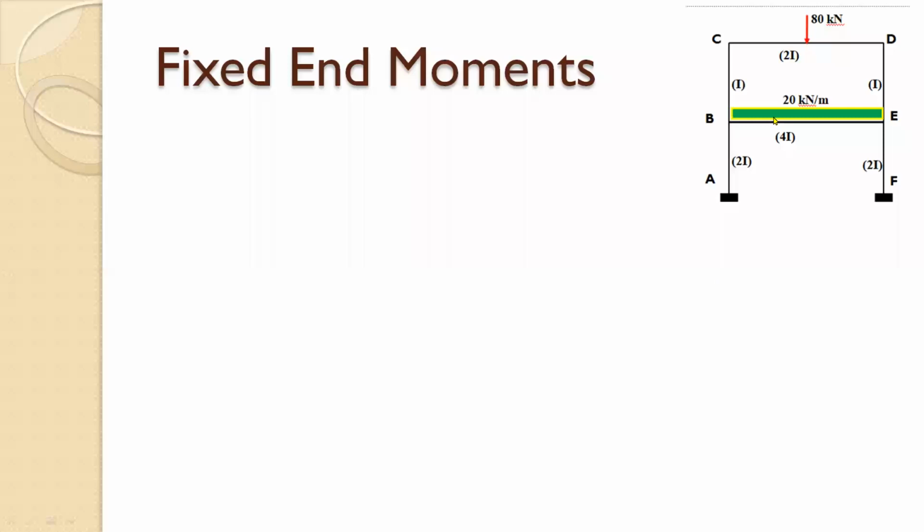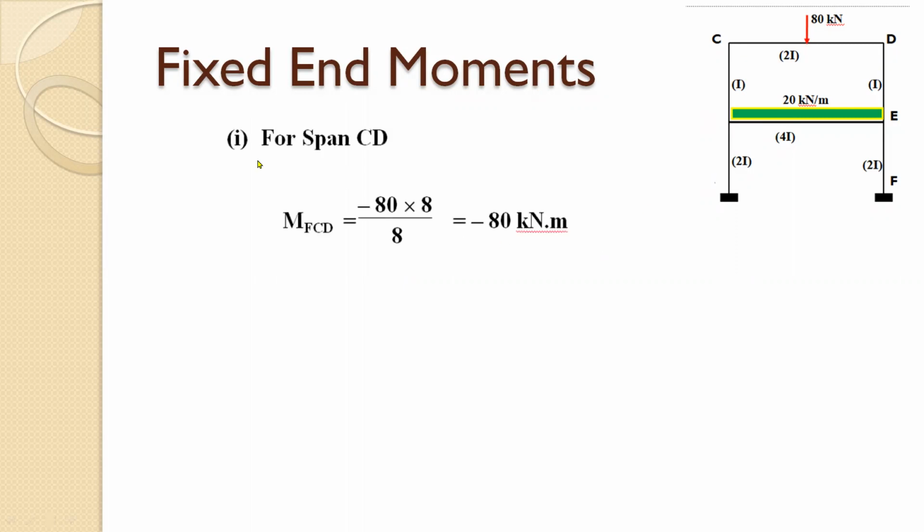So this is the given frame. As you know, the moment distribution method is a displacement method, and in all displacement methods, the first step is always to calculate the fixed end moment. So first of all, let us calculate for span CD. It is a central point load, so you know that it is WL by 8. W is 80, total span is 8 meter, divided by 8.